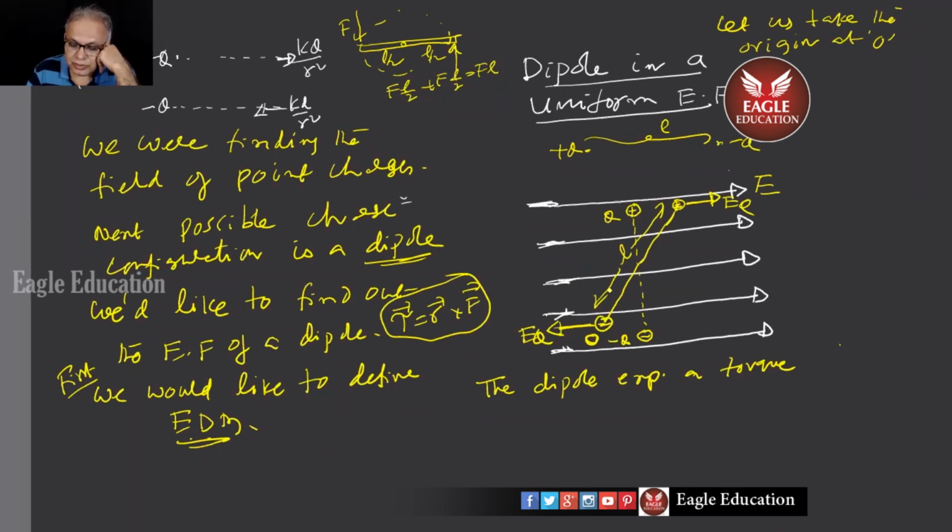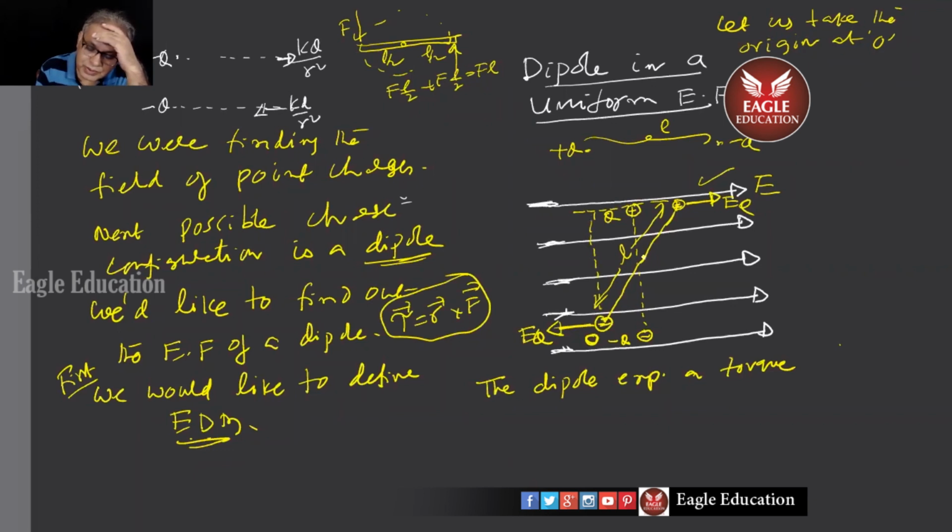So tell me, if I take O as my origin, torque of only this force will be there. Torque of this force won't be there. Right? So tau equals, look, extend this and extend this.